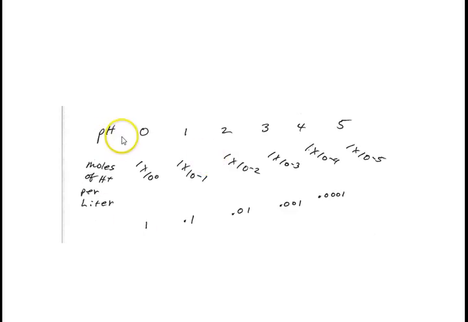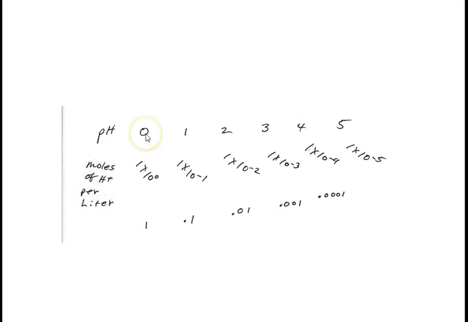So we've got our pH 0, 1, 2, 3, 4, 5, and we could go on up to 14. Now these numbers relate to something. They relate to the moles of hydrogen ions per liter of solution.